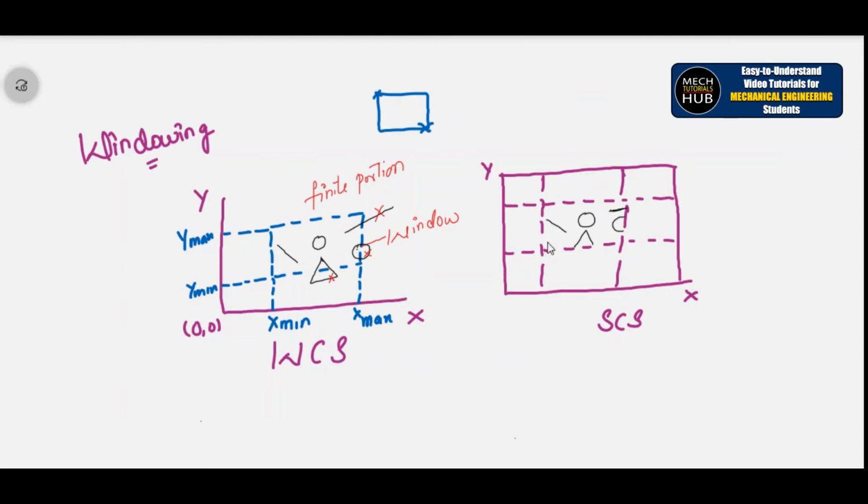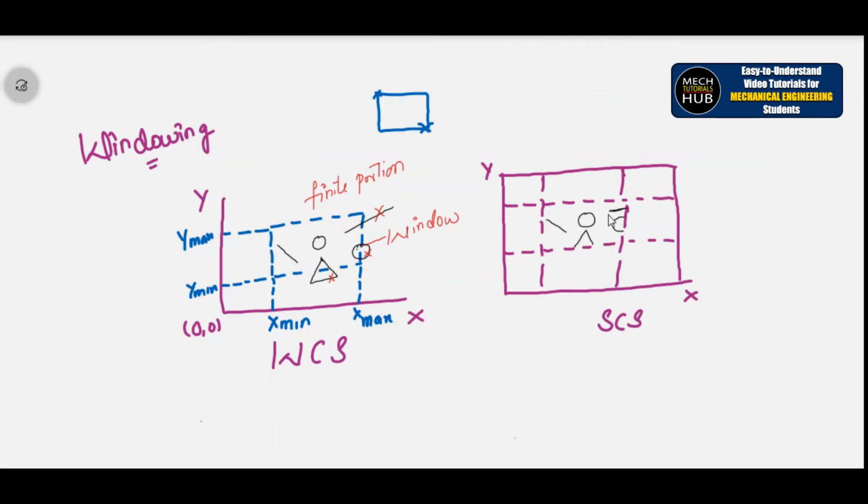This means the entities you want to show on the screen coordinates can be selected with the help of a window, which we call a finite portion out of an infinite world. Whatever we are calling a window here, this rectangular hidden line, we call a finite portion or a window.